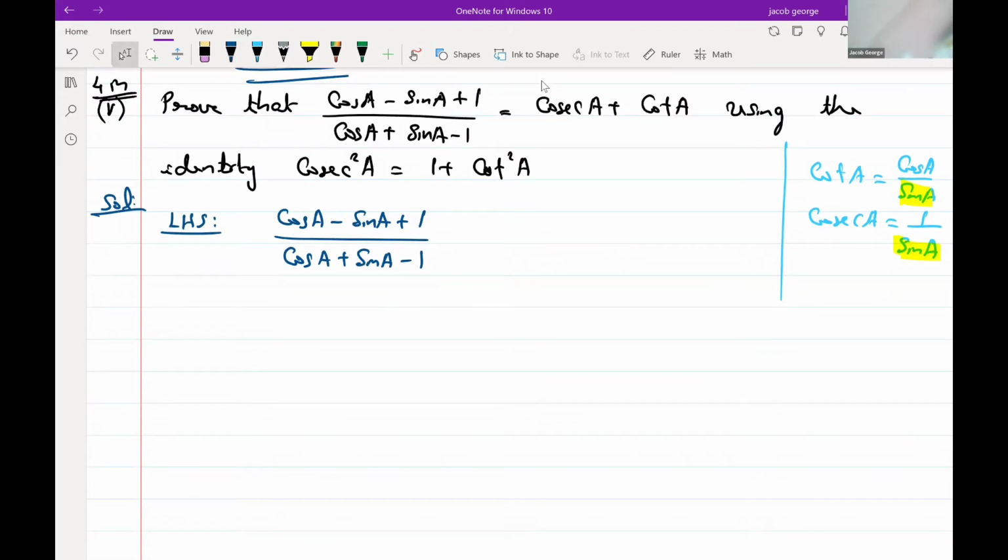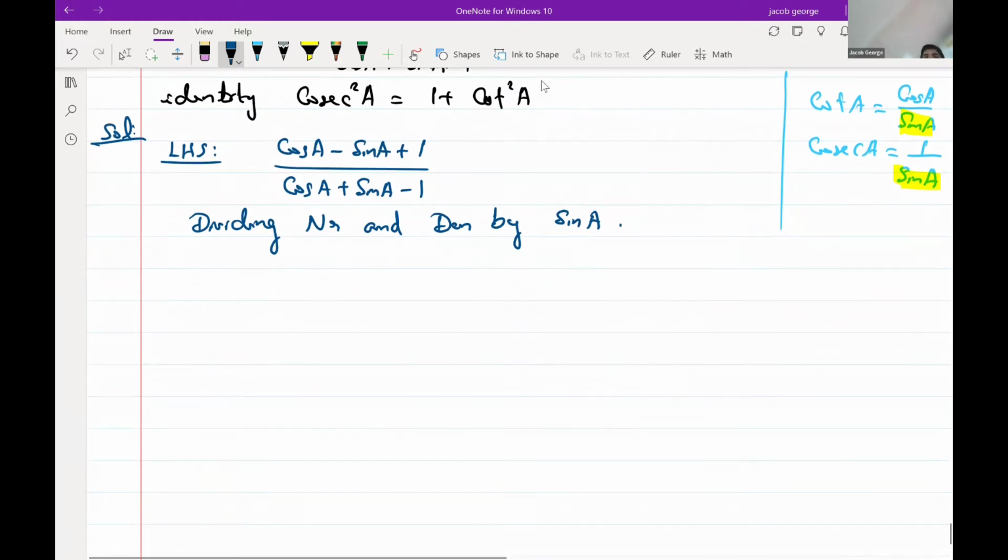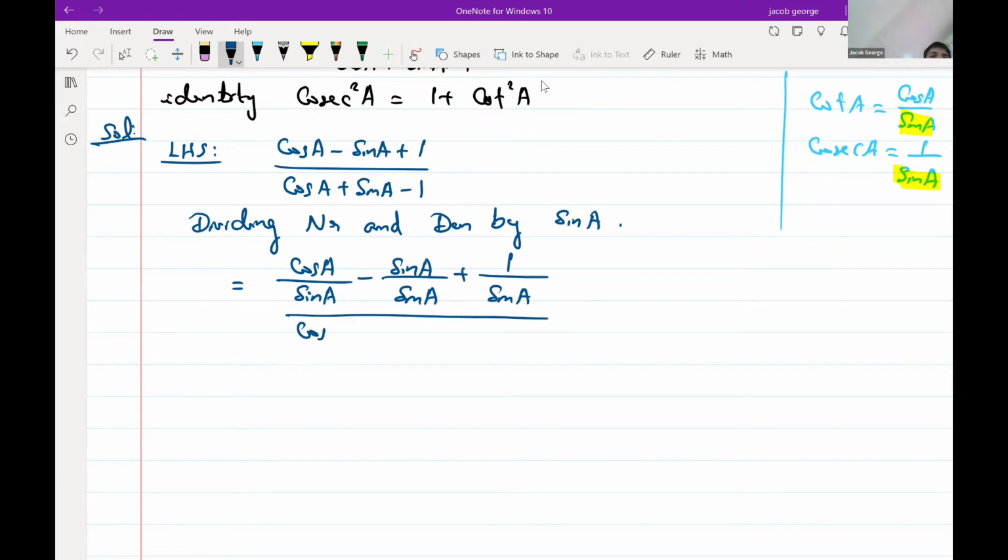Then the first step is dividing numerator and denominator by sin A. We have to divide numerator and denominator by sin A. So this will be (cos A by sin A minus sin A by sin A plus 1 by sin A) all divided by (cos A by sin A plus sin A by sin A minus 1 by sin A).